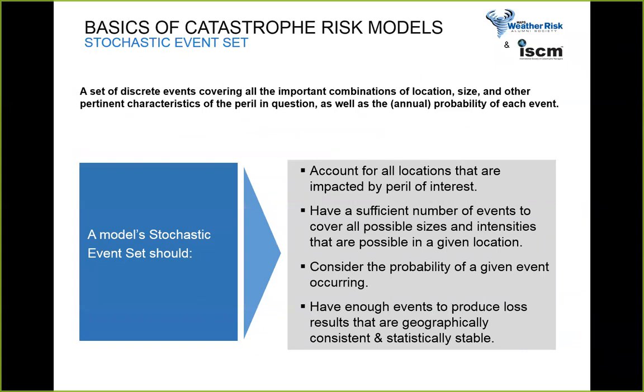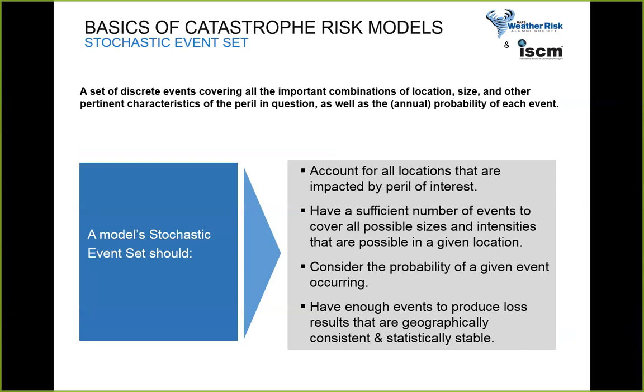So the stochastic event set, the first component, is a set of discrete events covering all the important combinations of location, size, and other characteristics of the peril in question, as well as the probability of that event occurring. So the event sets of CAT risk models have several objectives that they need to meet.